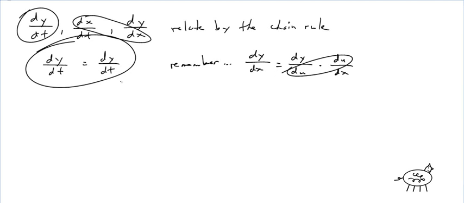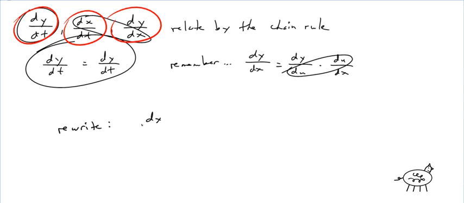So those three functions, dy dt, dx dt, and dy dx, I can rewrite as dy dx equals dy dt over dx dt. Don't you agree? Because I can multiply the top and bottom by dt, they cancel out, and I have dy dx equals dy dx.